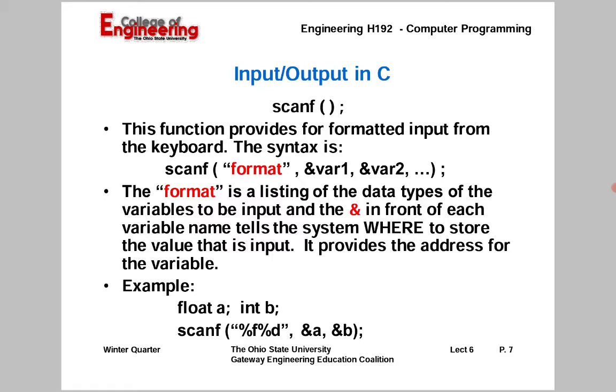In printf we do not use the ampersand symbol, whereas in scanf we use the ampersand symbol before the variable. For example, float a; int b; scanf within quotes %f, comma, %d, comma, ampersand a, comma, ampersand b. So this is the syntax of the scanf function.